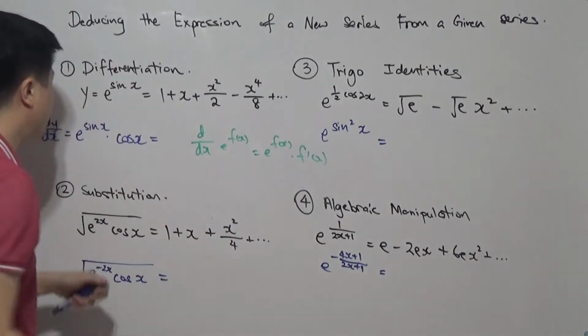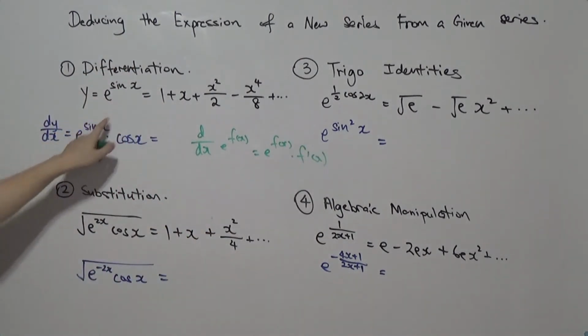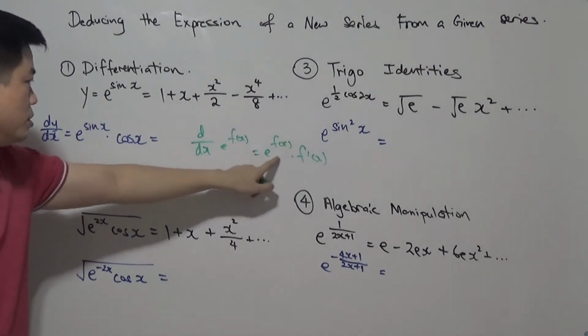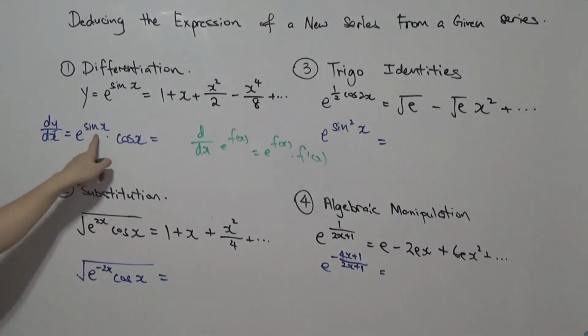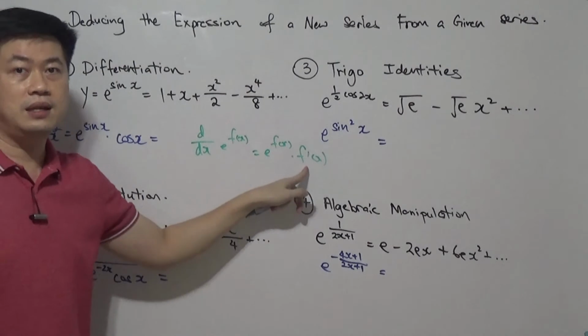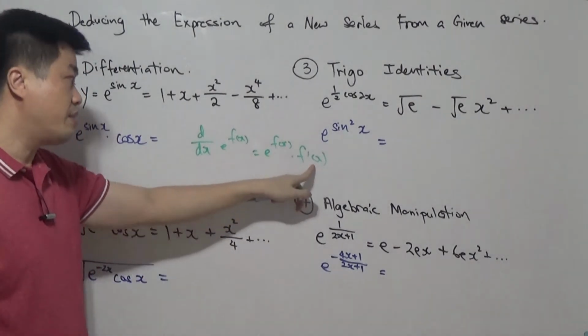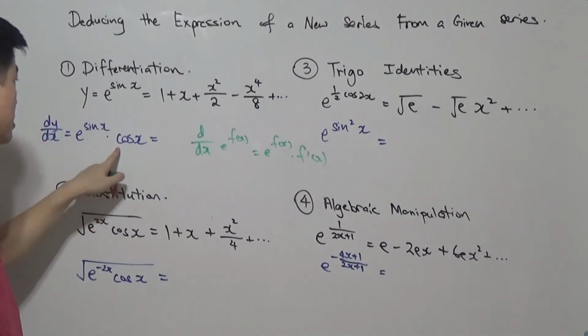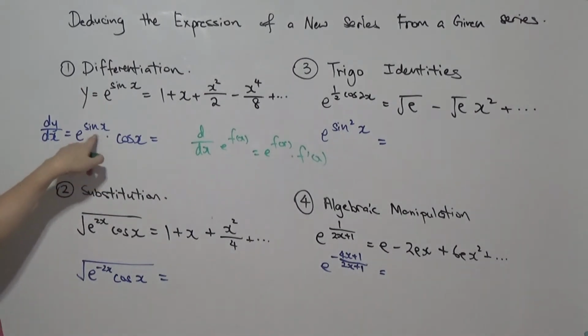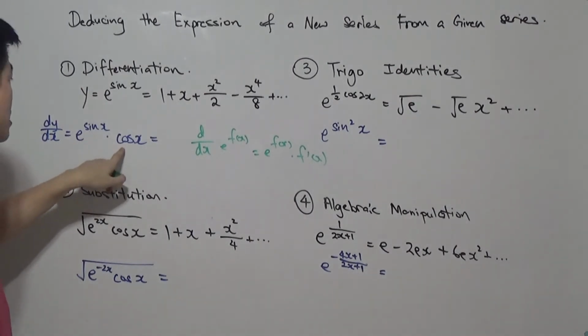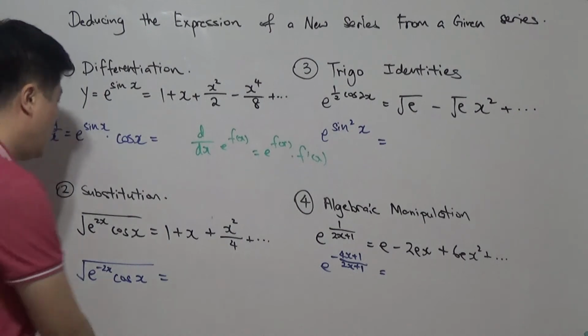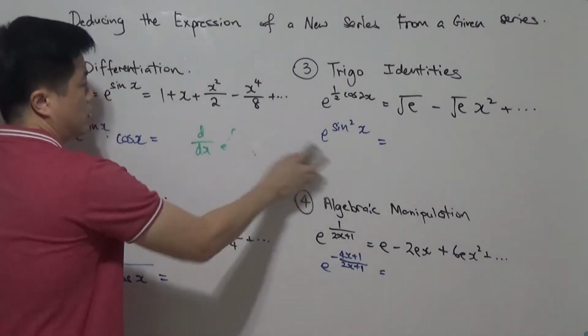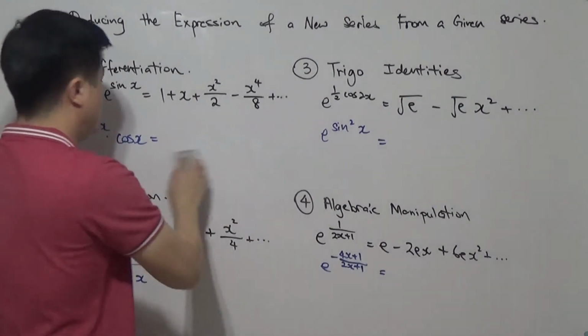So as you can see, when we differentiate this, we still keep the e to the f(x), which is e sine x, but we multiply by the derivative of the power. In this case, it's cosine x, which is the derivative of sine x.